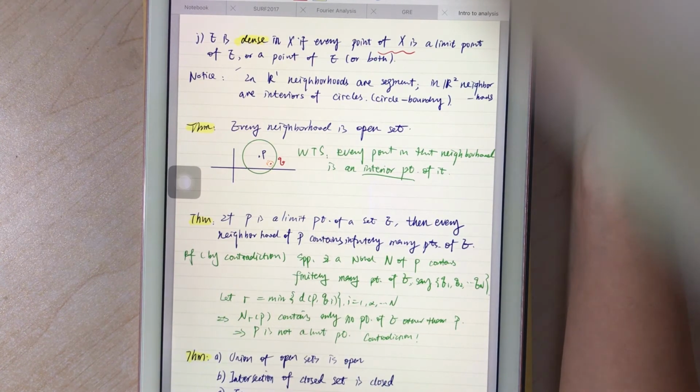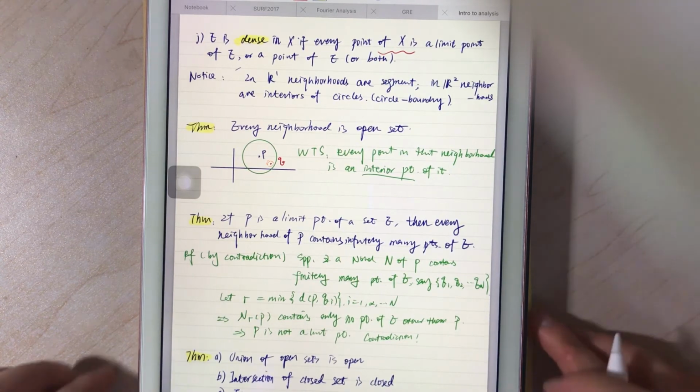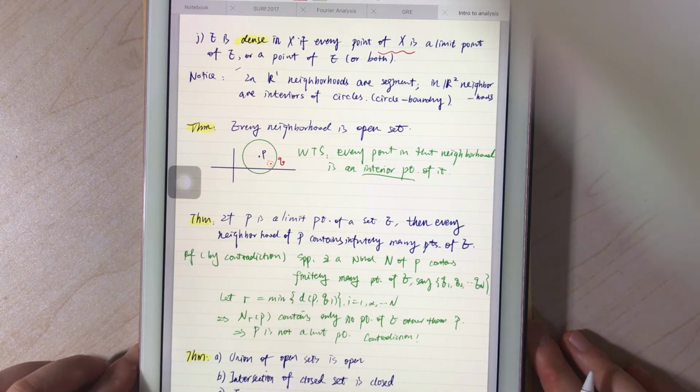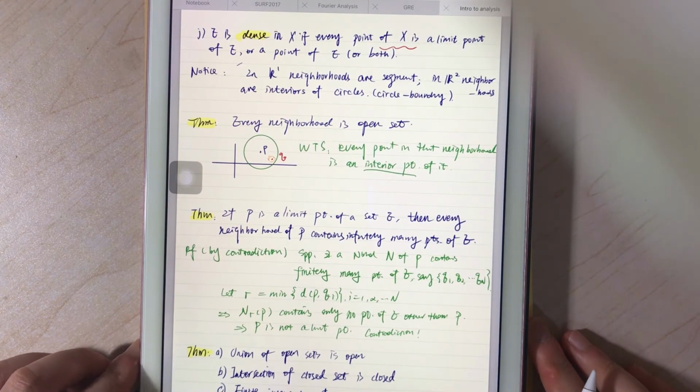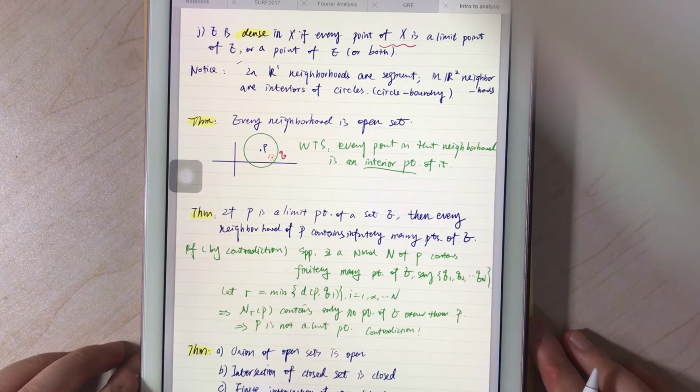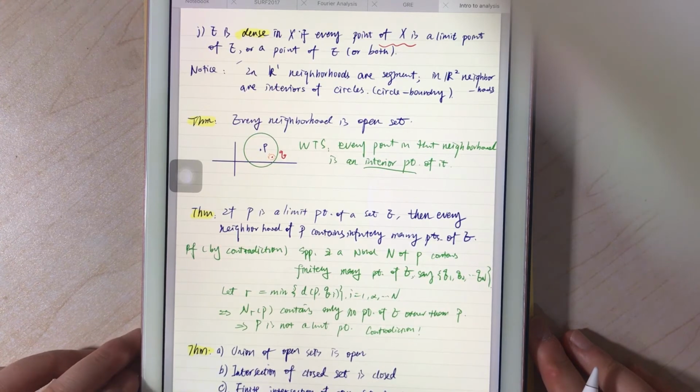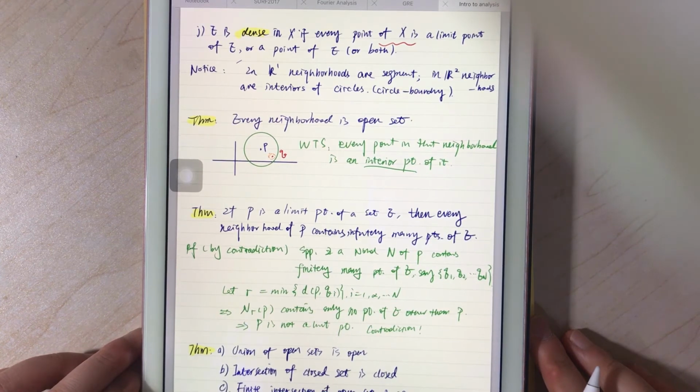Okay, now let's move on to some theorems. Most of them are pretty simple, and I'm just going to show you the theorem and some very simple proofs. Every neighborhood is an open set. We've just talked about it, right? How do we prove a set is open?